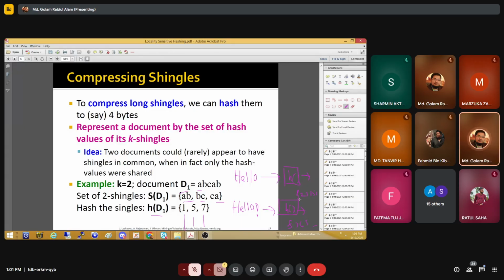That is a different value. This is the cryptographic hashing. In that case, if we change something a little, then we will get a different hash.